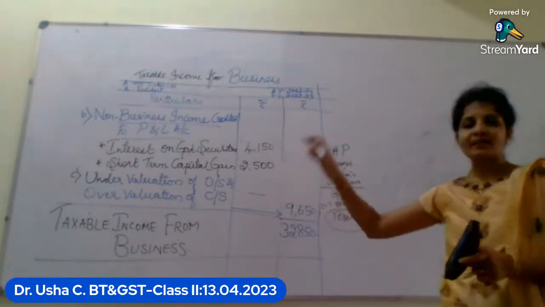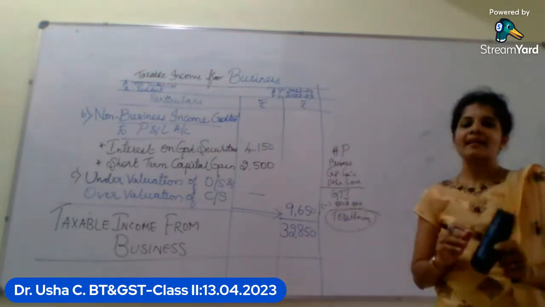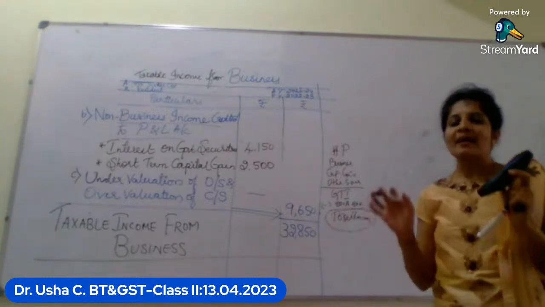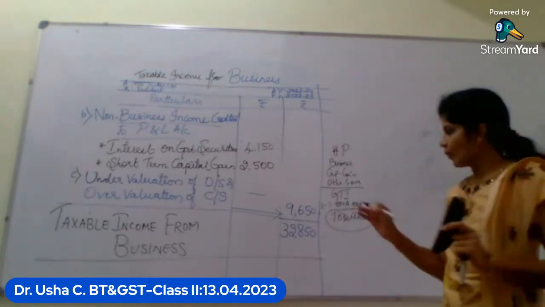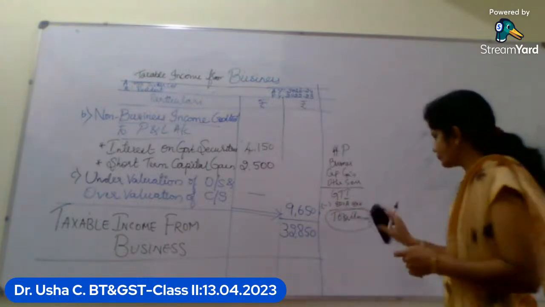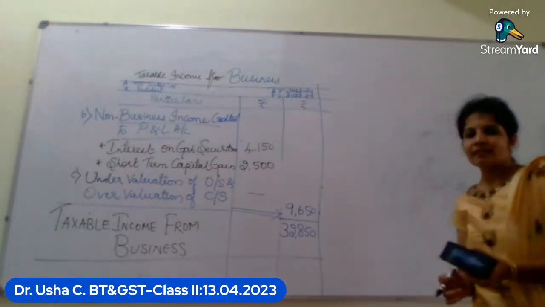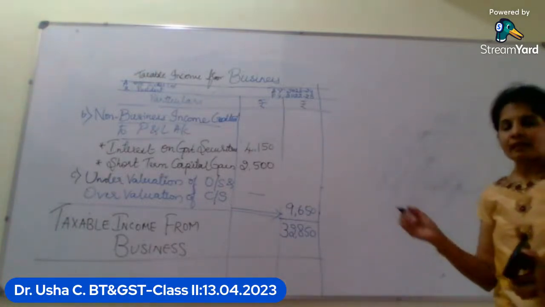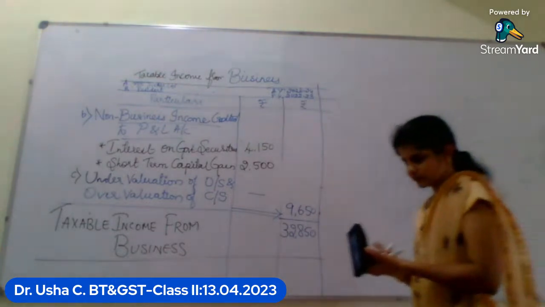So now we have to arrive at this total income. We have calculated taxable income from business because we had an adjustment for this. Now what we have to do? We have to work out here.